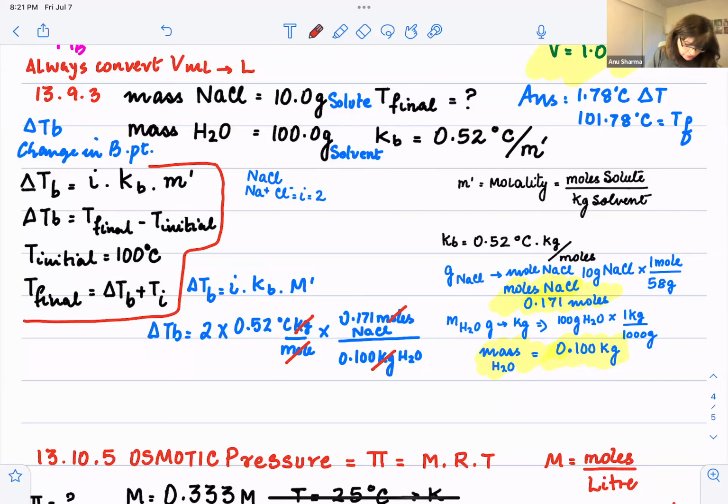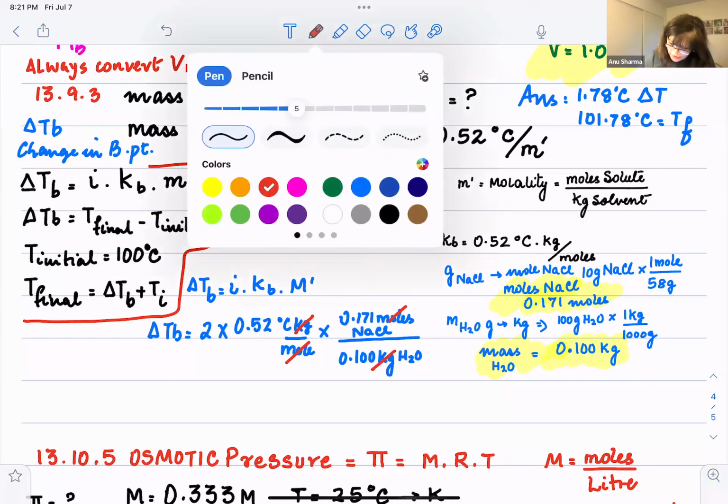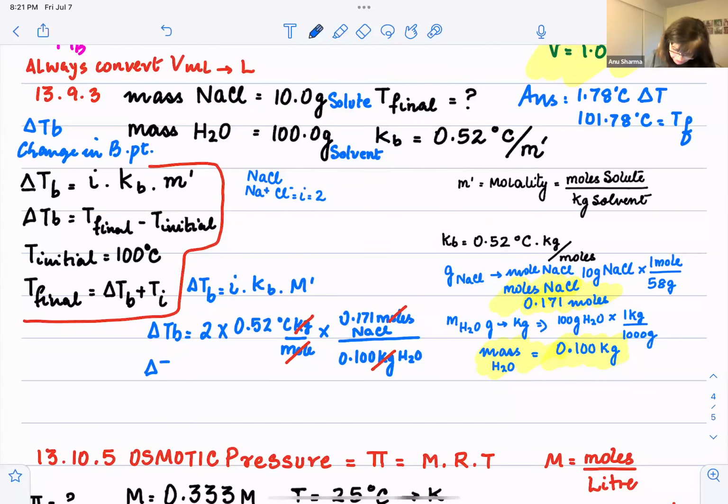So now let's do this. 2 times 0.52 times 0.171, divide that by 0.100, and that gives you the change in temperature, delta TB, equal to 1.7784, and this you can make as 1.78 degrees Celsius.